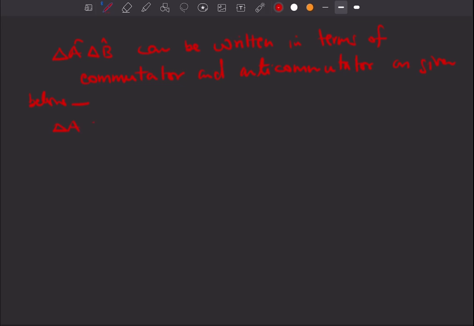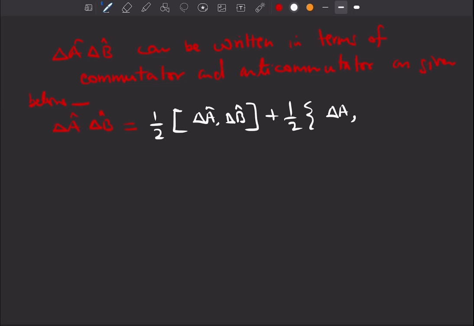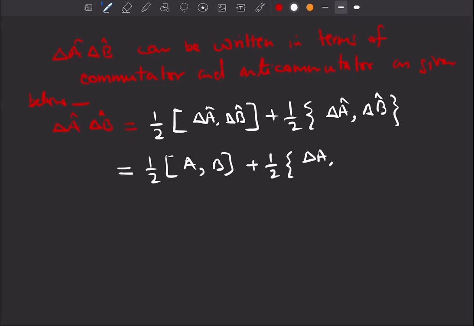So delta A into delta B is equal to half commutator of delta A, delta B plus half anti-commutator delta A, delta B, which is equal to half commutator A B plus half anti-commutator delta A, delta B. We have written this equal to this.